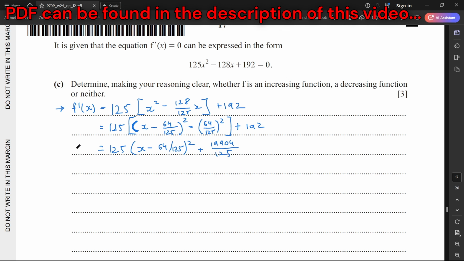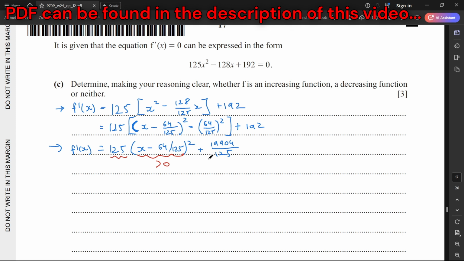So now, because this is equal to your f dash x, we know that for a function to be increasing or decreasing, f dash x will be greater than 0 for increasing, it will be less than 0 for decreasing, and if your function is a constant, your f dash x will come out to be 0. So in this case, I know that whatever is the value of x, because of the square term, this term will always be positive. Because this term is positive, it is getting multiplied with a positive value, so this whole term is greater than 0.